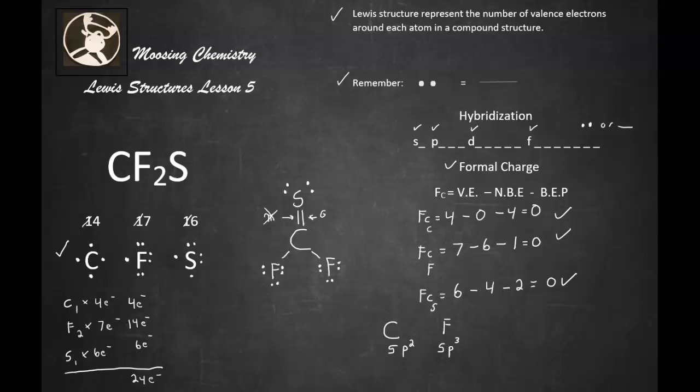Okay, and for sulfur, remember pi bonds right here do not count. Only sigma bonds count. So that gives us 1, 2, 3. That would give me 1 for S, 2 for P. That would give me sp2.